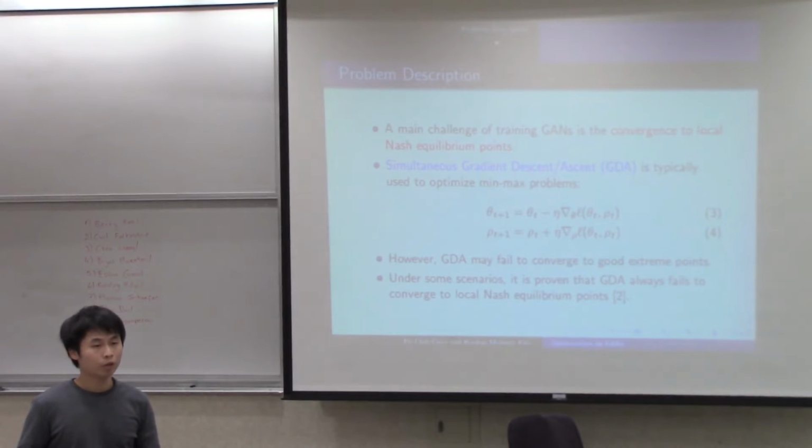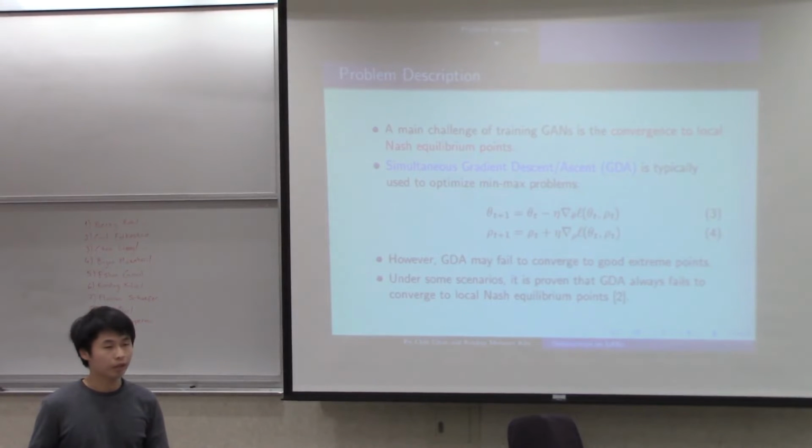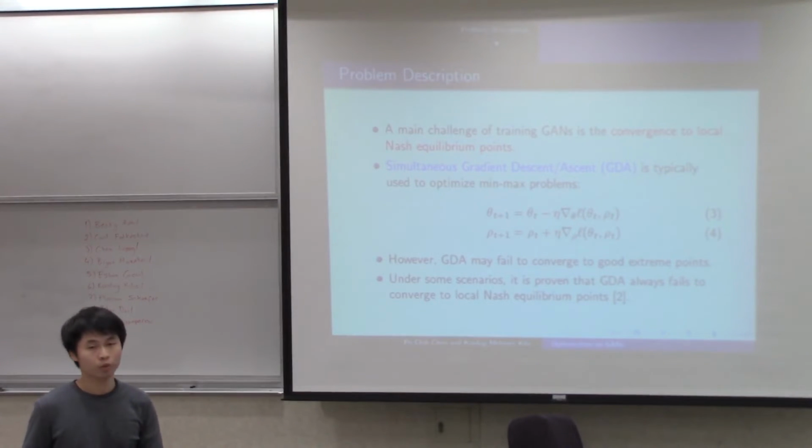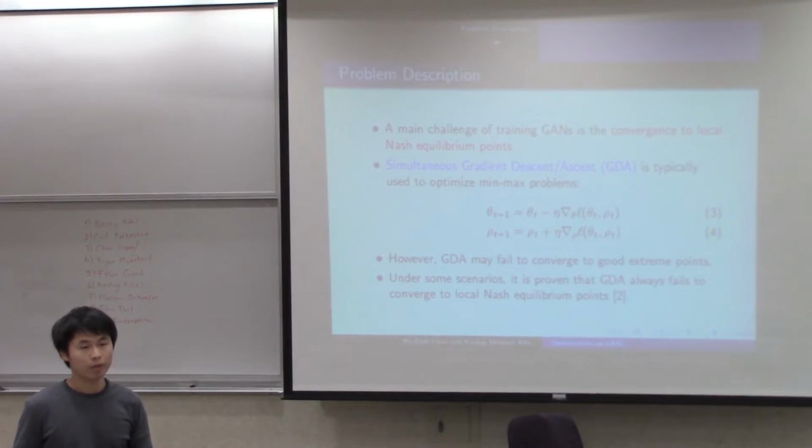A main challenge of training GANs is that it will not necessarily converge to local Nash equilibrium points. Often we use the simultaneous gradient descent ascent method to solve a min-max problem, but a gradient descent ascent method may not converge to good local extreme points.